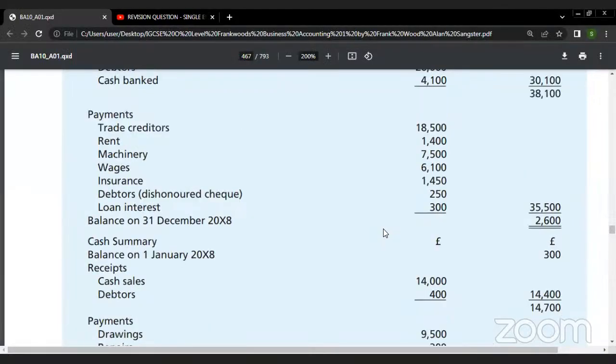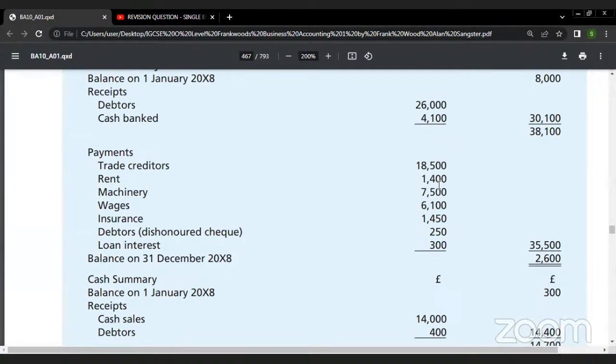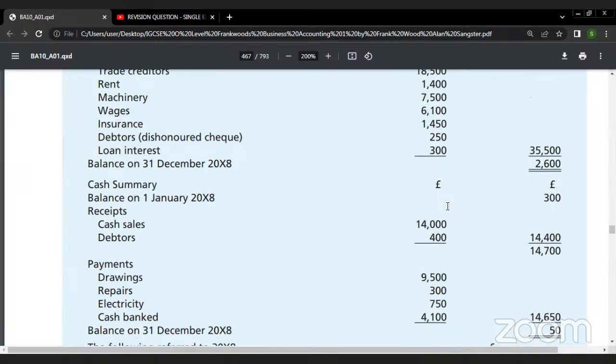Continue with the other expenses. There is rent. According to the information we have, let's try to check on the rent. When you look at rent, we have bank 1,400. Do we have under the cash?